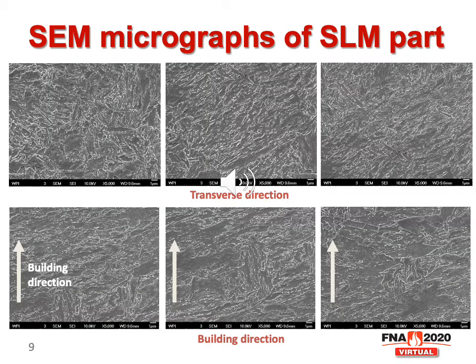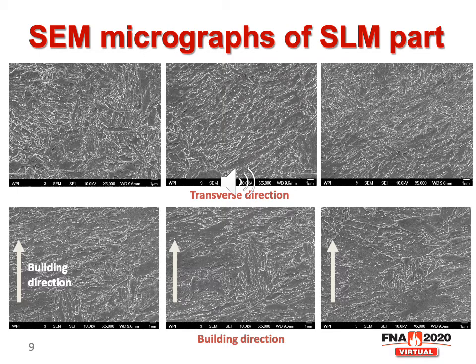The microstructure analysis was also conducted by SEM, which can give us a much higher magnification. That's why we can see the details of the microstructure. Again, we chose different positions from both transverse and building direction.